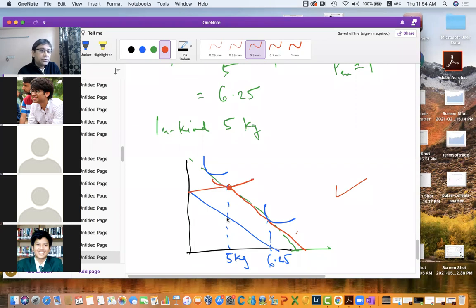Just don't rush into MRS equal to price ratio without looking at it closely. Okay, sir. So we should look at the kink also. That we should. Okay, sir. Okay, thank you.